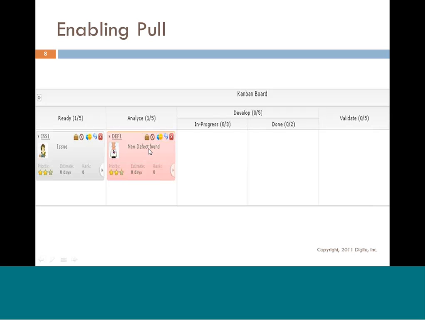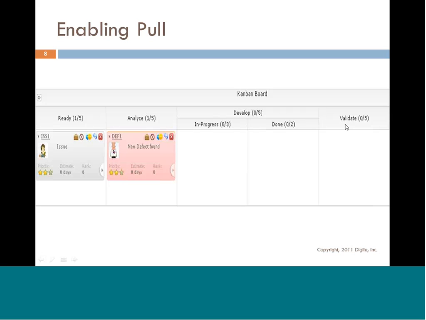Now you can take this to the next step. If you look at develop, you have in progress and done. Normally, in progress and done are two sub-queues assigned to any work in progress in any step, which will enable a pull system. Let me explain what I mean. When work comes into in progress, that means I'm still working on it. It is not ready for the next person to pull as part of their work.